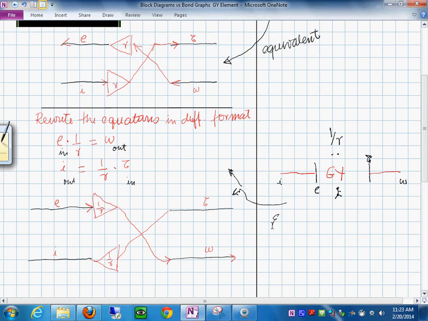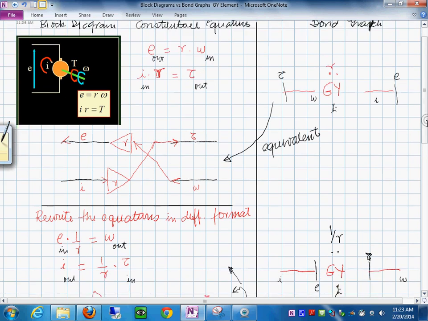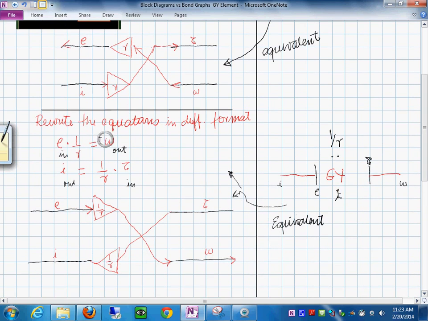So this is what's equivalent. So, conclusion: you can have a GY element with this form, which will have this block diagram or this bond graph model. Or if you have it this way, you will have this block diagram and this bond graph model.